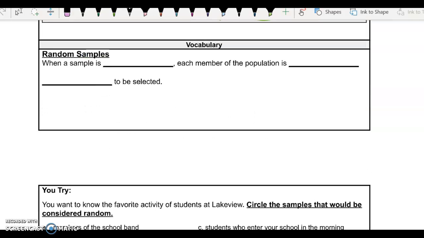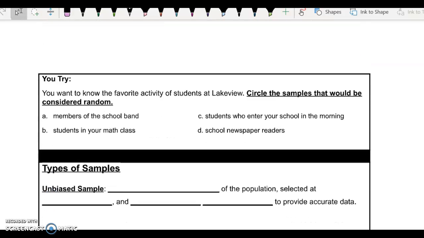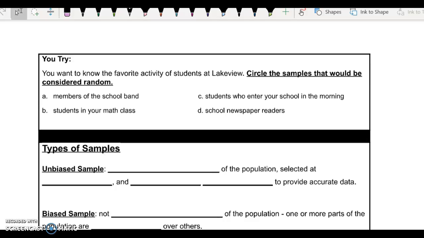So now let's take a look at random samples. When a sample is random, that means that each member of the population has an equal chance to be selected. You want to know the favorite activity of students at Lakeview. So our population would be Lakeview.